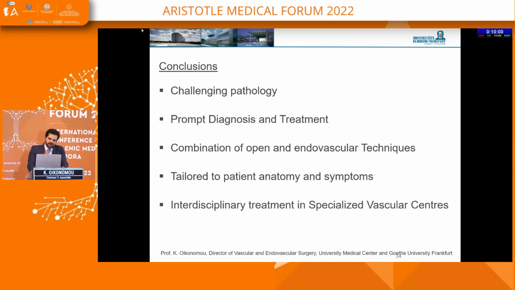And for me, this kind of pathology is a very good example of how more than one discipline, more than one surgical field, in this case, heart and vascular surgery, can work together to address this type of problem, which is to many the final frontier of cardiovascular surgery, especially in the aortic arch.